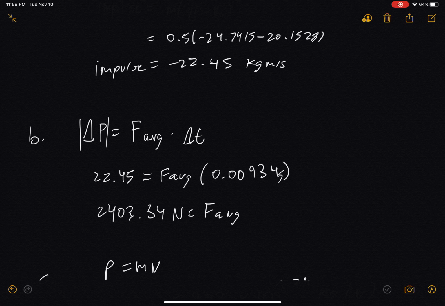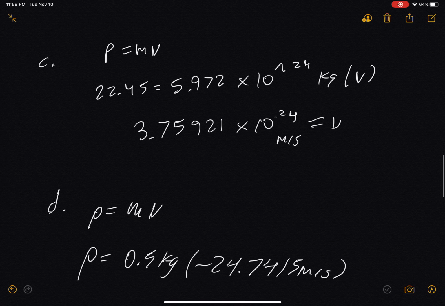We're trying to find the average force, and we're given a change in momentum, which was negative 22.45, but when you're measuring change, typically you use an absolute value. So 22.45 equals average force times our time, which we converted into seconds instead of milliseconds. Then you divide both sides by that time, and you get the average force exerted by the ball on the ground is 2,403.34 newtons.